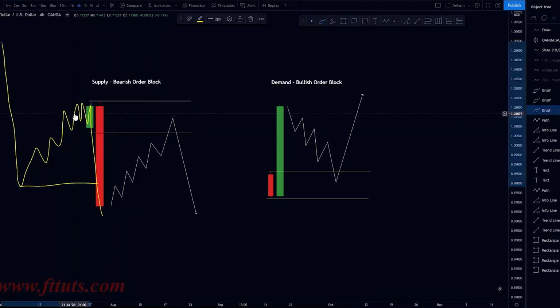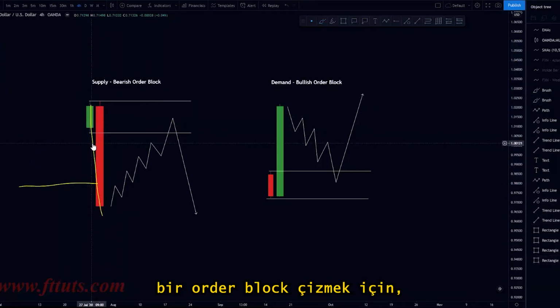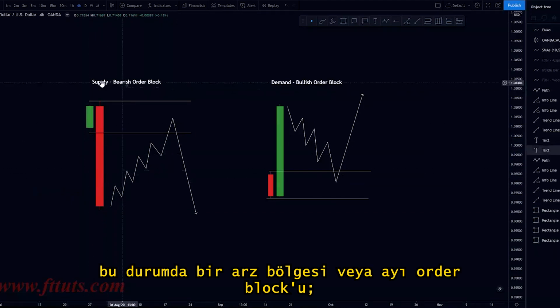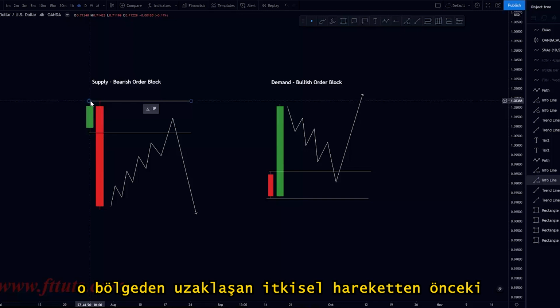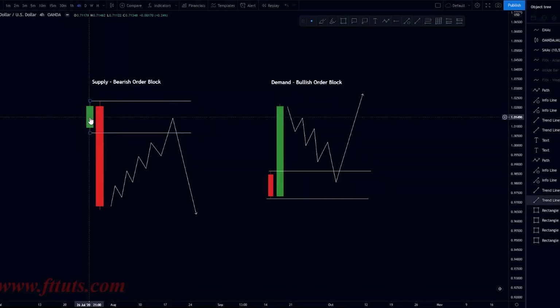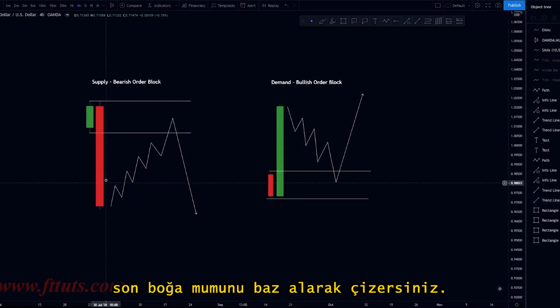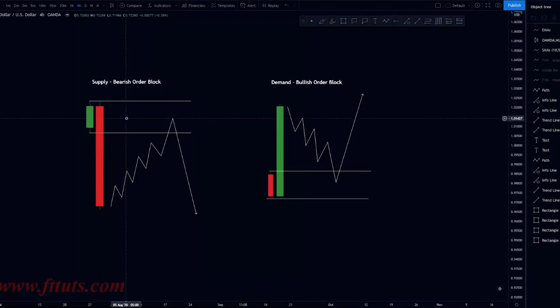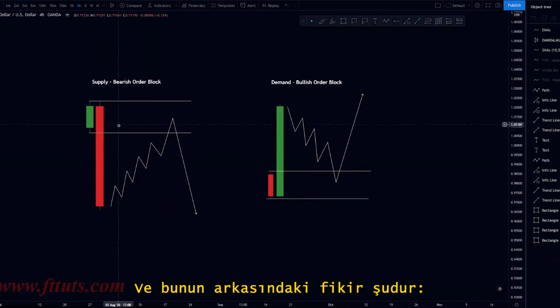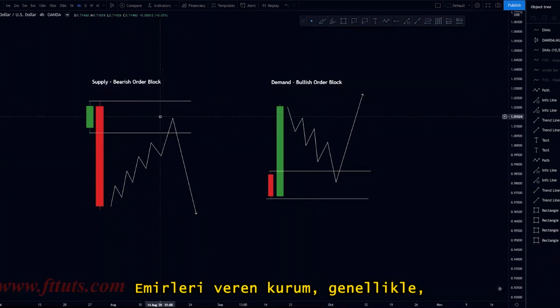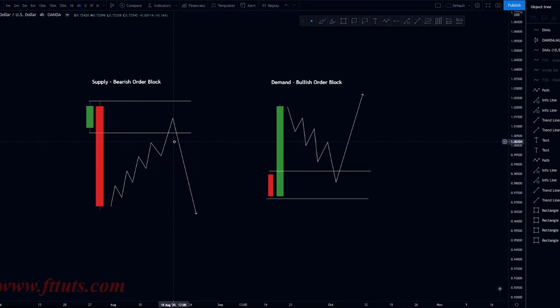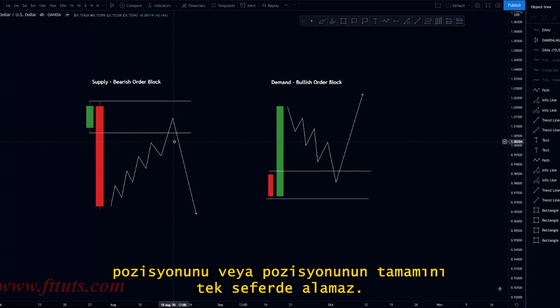Now, to draw an order block, in this case a supply area or a bearish order block, you would draw it based on the last bullish candle before the impulsive move away from that area. The idea behind that is that the institutions that place orders often aren't able to facilitate their full position in one go.